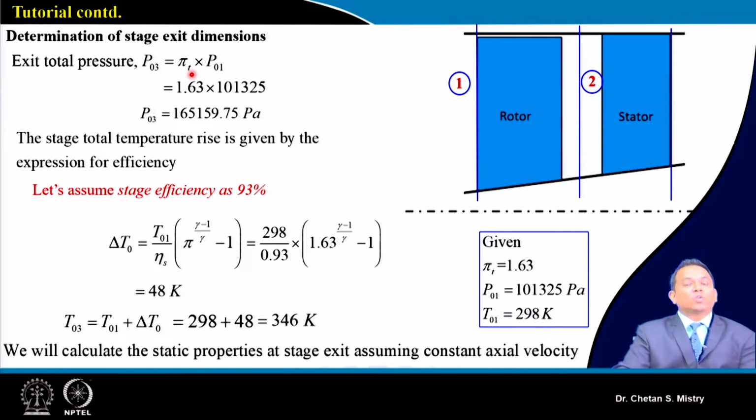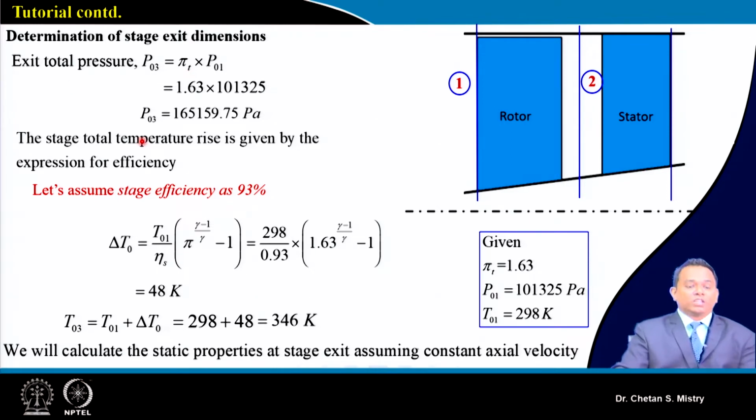Once the total temperature at the exit is known, we can calculate the static temperature. We can also calculate the static pressure, which is required for calculating the exit density. Once the exit density is known, we can calculate the exit area for this particular stage, and that is how we will proceed.